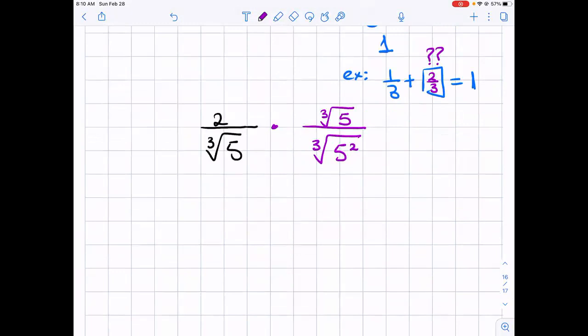In exponential form, that is 2 over 5 to the 1/3 power multiplied by 5 to the 2/3 power.